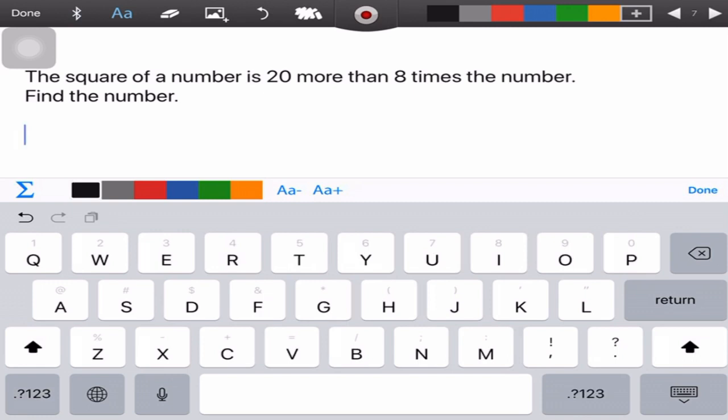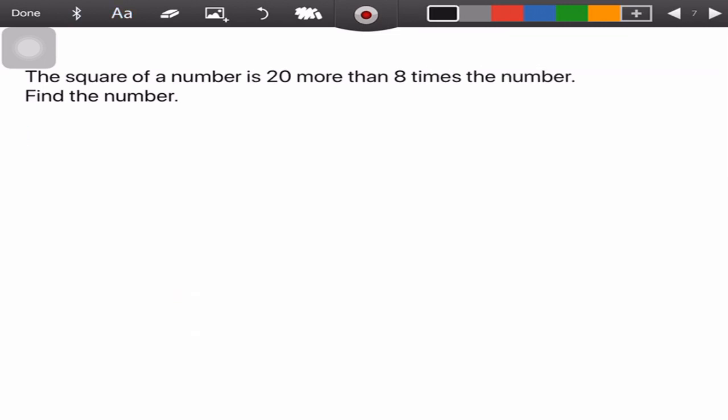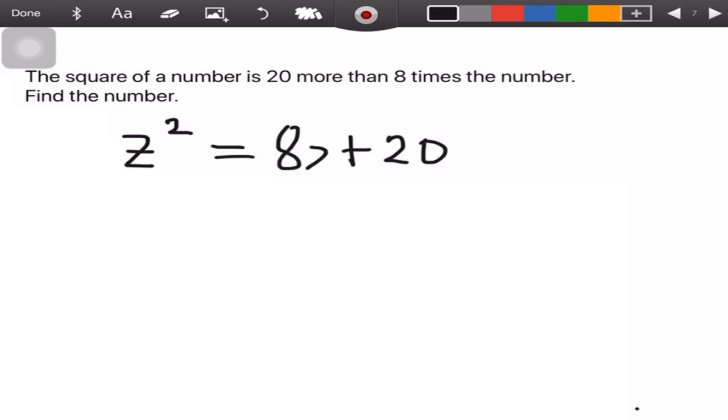Square of a number, so still we will use a variable. For example, we will use z. So we have z squared, because square of the number means equals. And then we will add 20 to the 8 times the number.